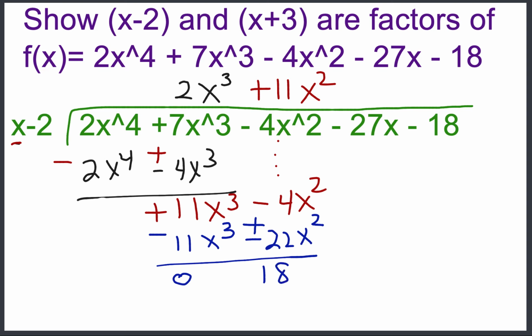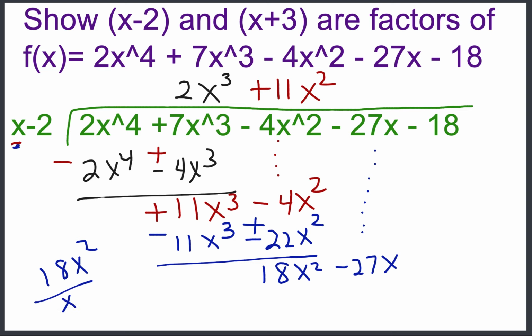This will give me 18x squared. And I have to bring down my next waiting term, which is negative 27x. So I take the lead term, which is 18x squared, and I divide it by the lead term of the divisor, which is x, and I get 18x. And that goes above the 27x to the first power.